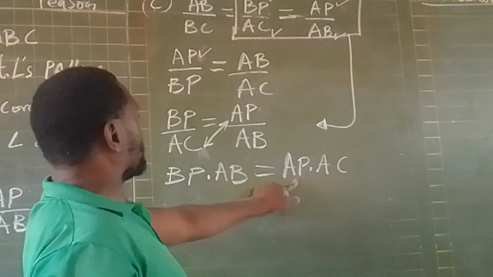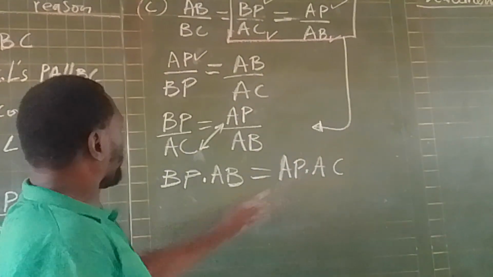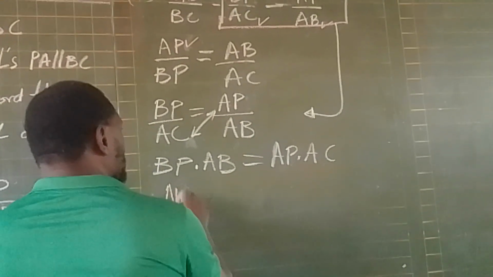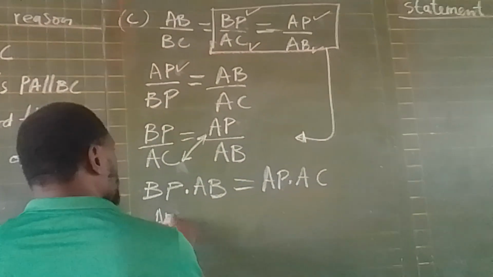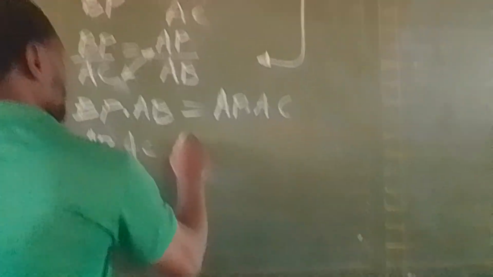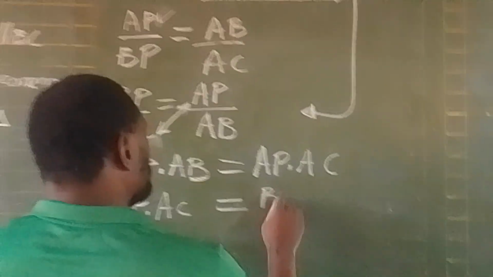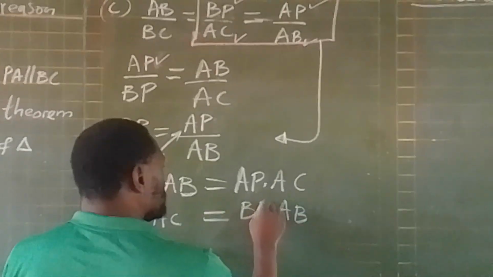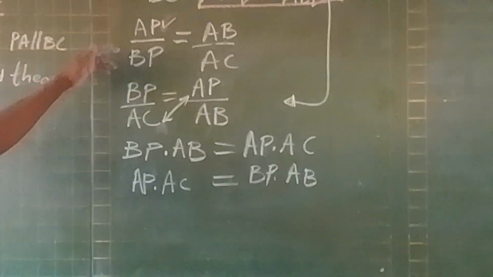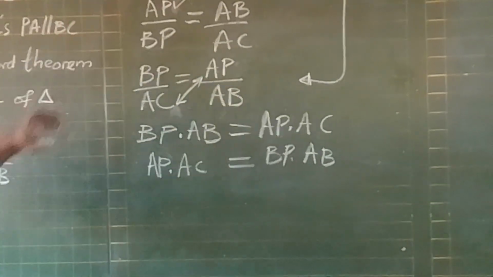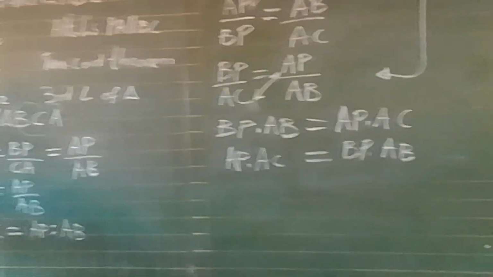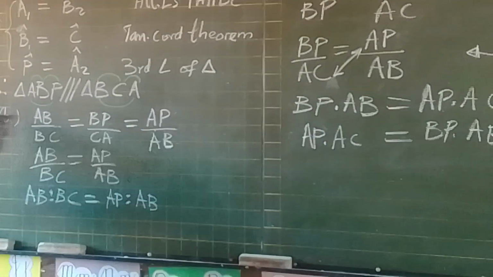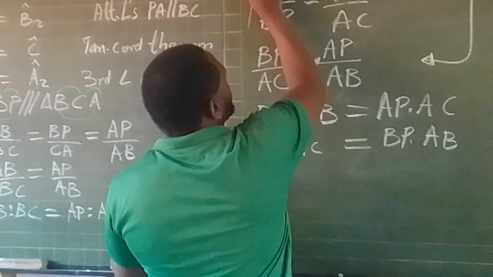Now I want AP over BP. Here is my AP. Let me do this. AP times AC is equals to BP times AB. Right? They want AP over BP. This is what is required to prove.